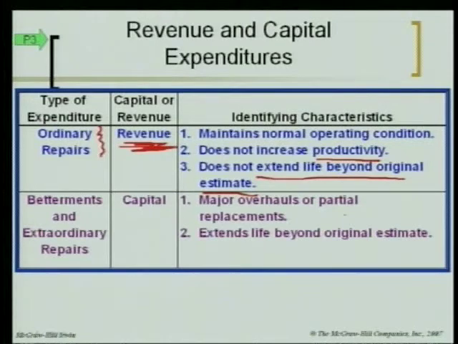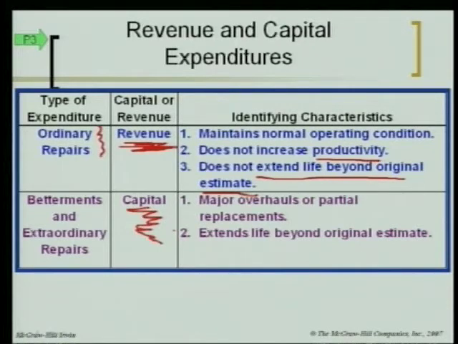Okay? We call that a betterment or an extraordinary repair, and that is a capital expenditure. What does that mean? That means we capitalize that expenditure. When I say we capitalize an expenditure, what I'm saying is we do not debit an expense account, but we debit a fixed asset. And then that amount of fixed asset needs to be depreciated.